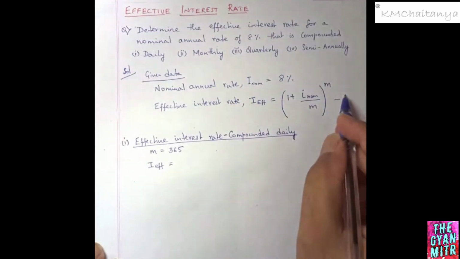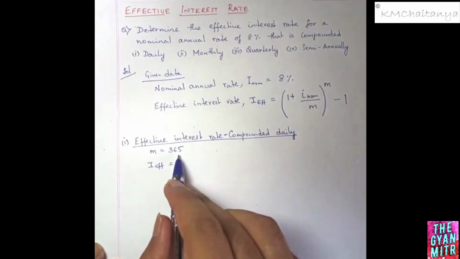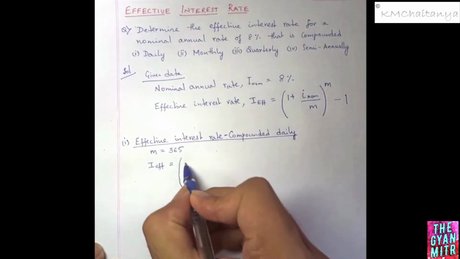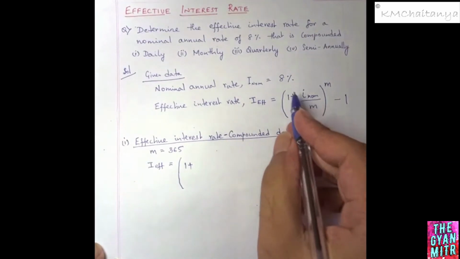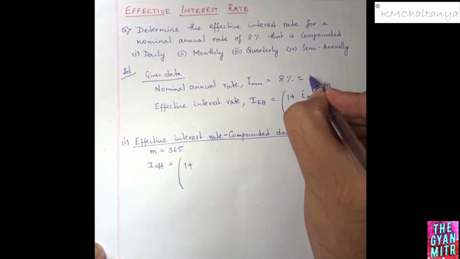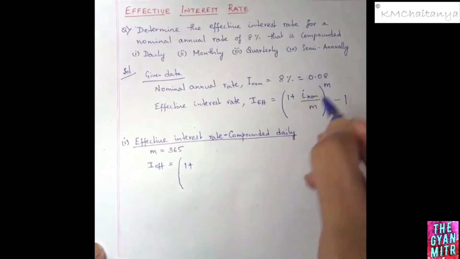Therefore, calculating I_EFF, I'll directly substitute the values into this equation. 1 plus I_NOM is 8%, which I'm going to convert into decimal, 0.08.